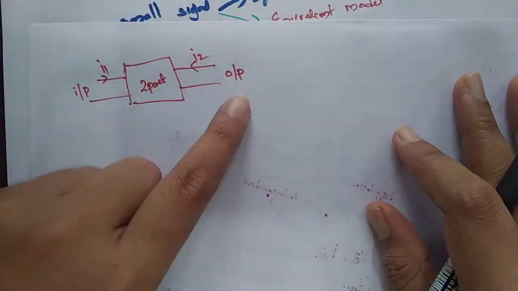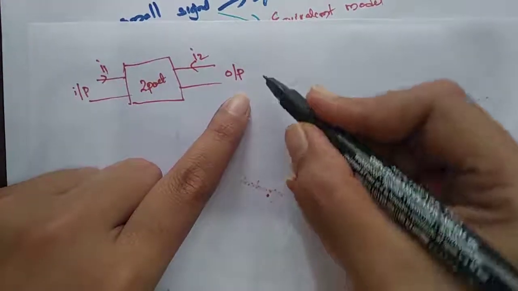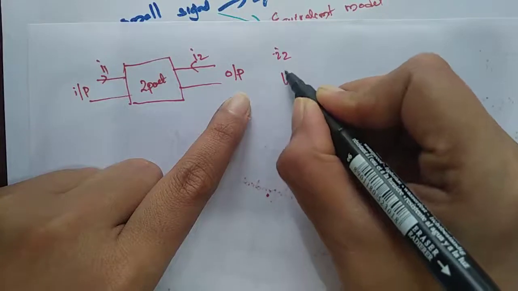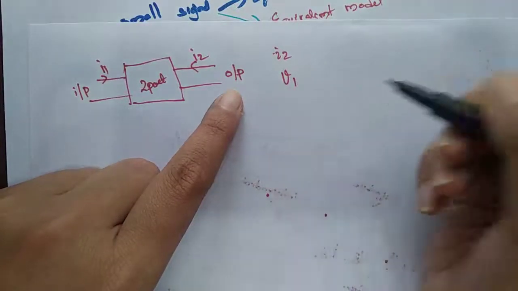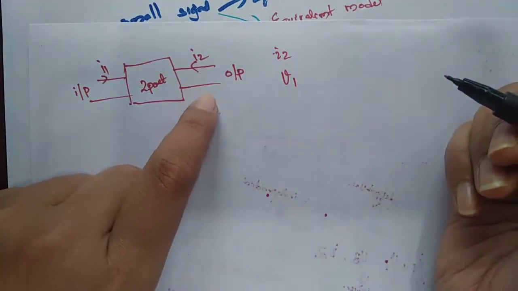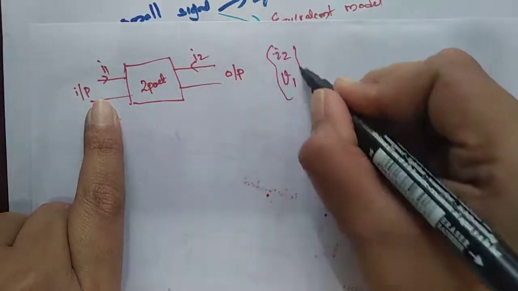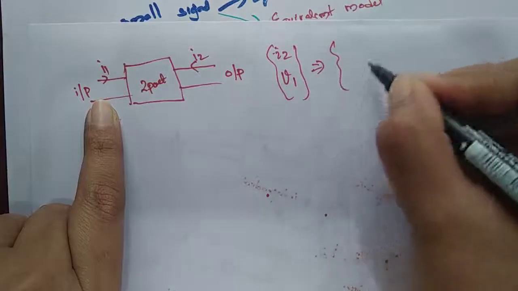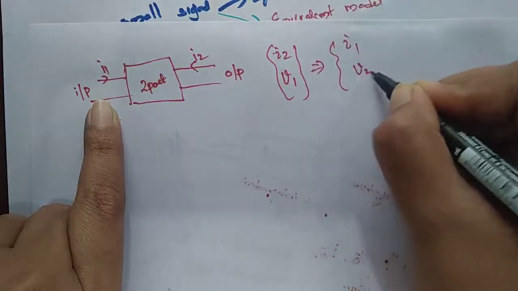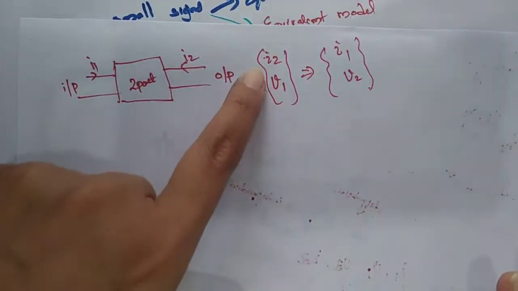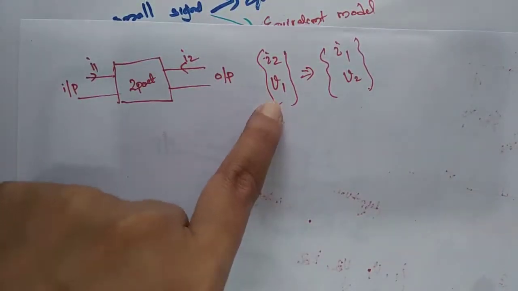We are representing our current I2 and V1 in terms of the independent parameters I1 and V2. We need to find the output current and also the voltage to be given at the input.